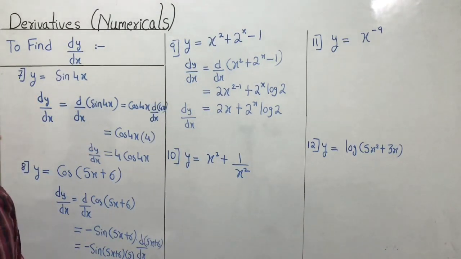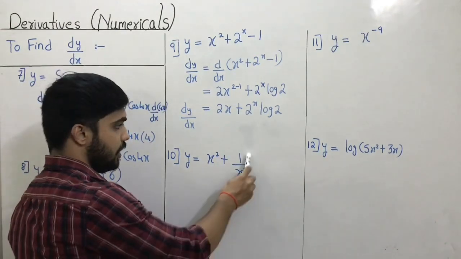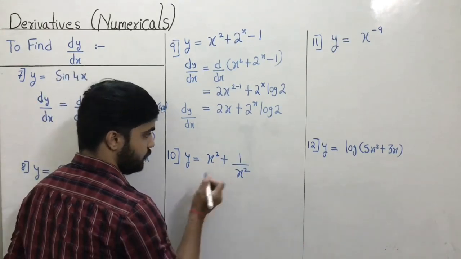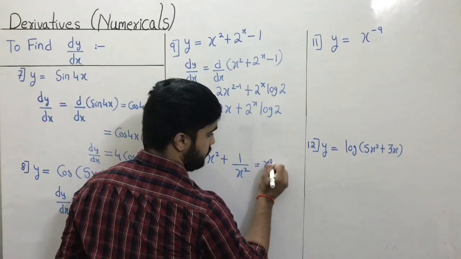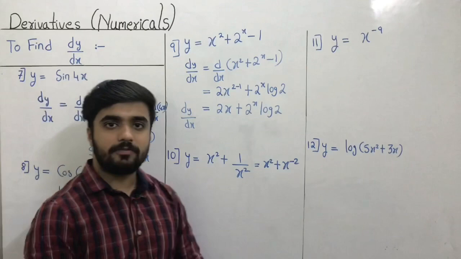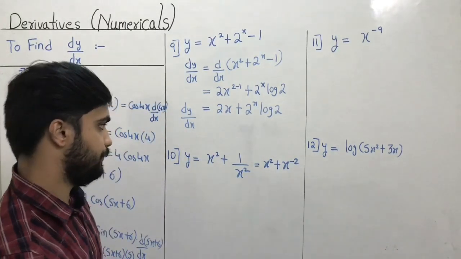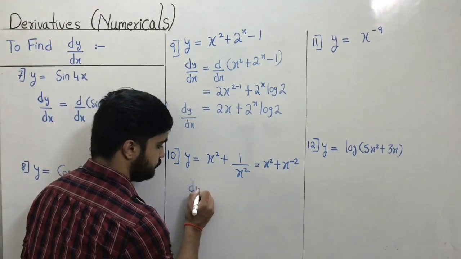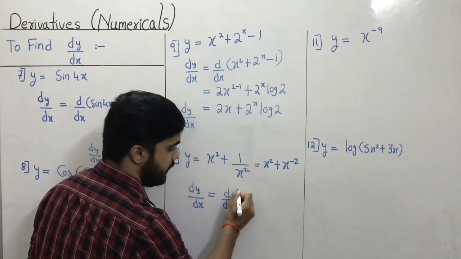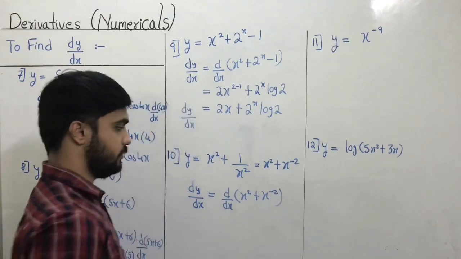Okay, so our next function is y is equal to x square plus 1 by x square. Now we can write this 1 by x square as x raised to minus 2. So we can write this as x square plus x raised to minus 2. Now we know derivative of x raised to n is nx raised to n minus 1, so we can apply it for both. So dy by dx is equal to d by dx of x square plus x raised to minus 2.